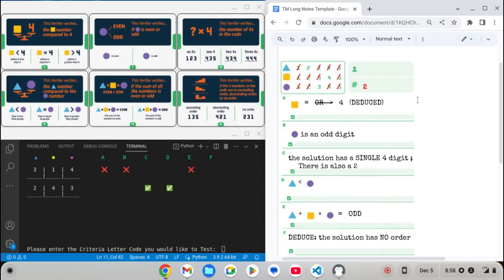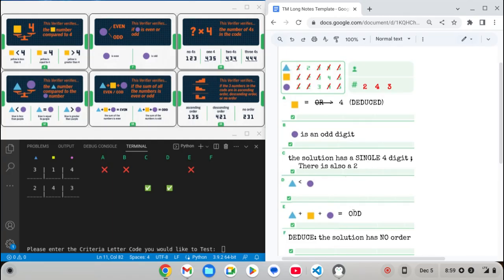And so let's quickly review that. So we did deduce based on really criteria card C that square is our 4. Okay, then we do have that the last digit is odd. It is. And we have a single 4, but that would also mean that we would have to have another even, the 2.